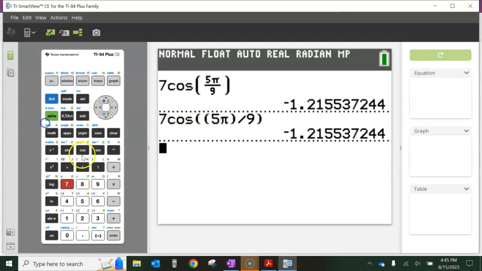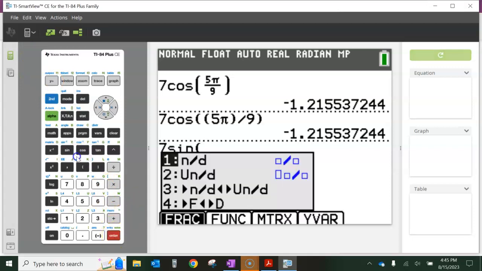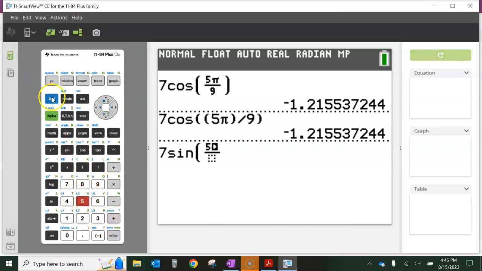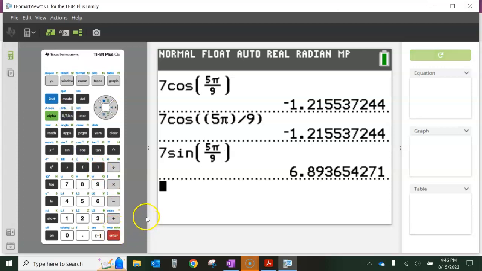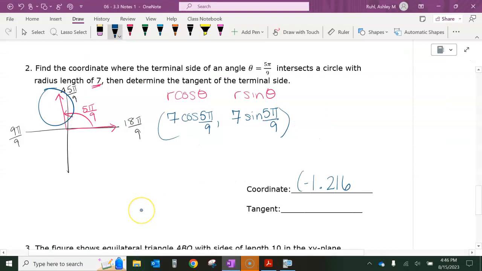And then I'm going to do the same thing. Instead, I'm going to do 7 sine. And then I'm going to do 5 pi over 9. And that gets me 6.894. Okay?